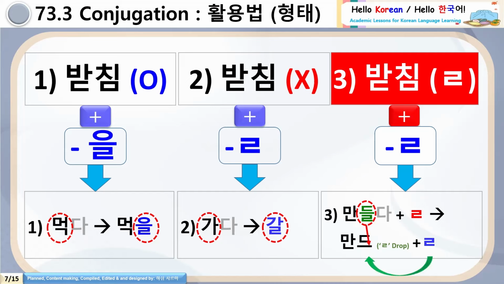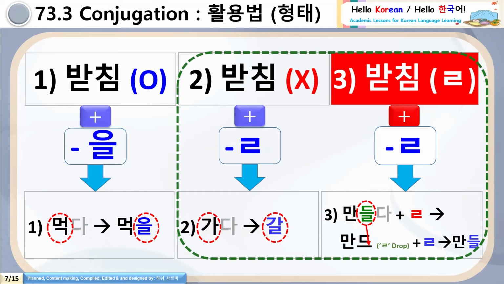First step, the la pachim will be dropped, and in place of the dropped pachim, you have to add the -l of this grammar, and that will be mandal. And this rule will be followed in all la pachim words. Mandalda, mandal; salda, sal; phalda will be phal. Clear? See here again: no pachim, la pachim, we have to add only -l. Please make special notes for the la pachim.